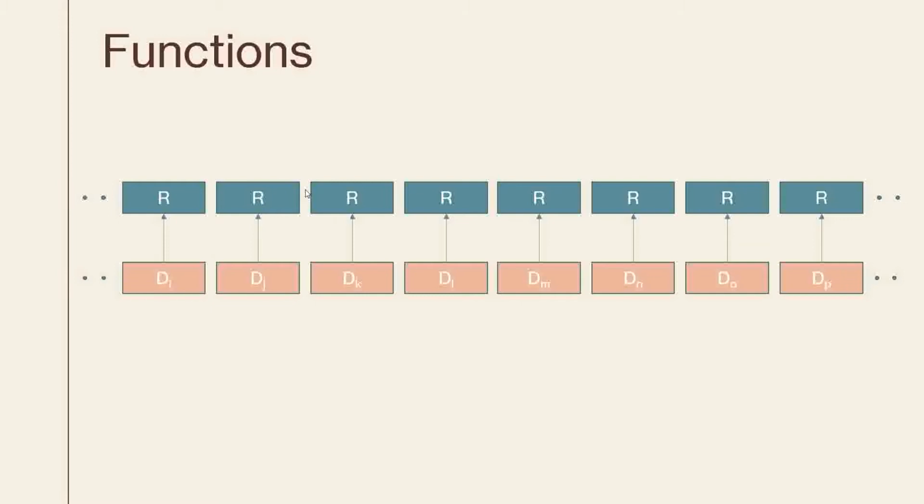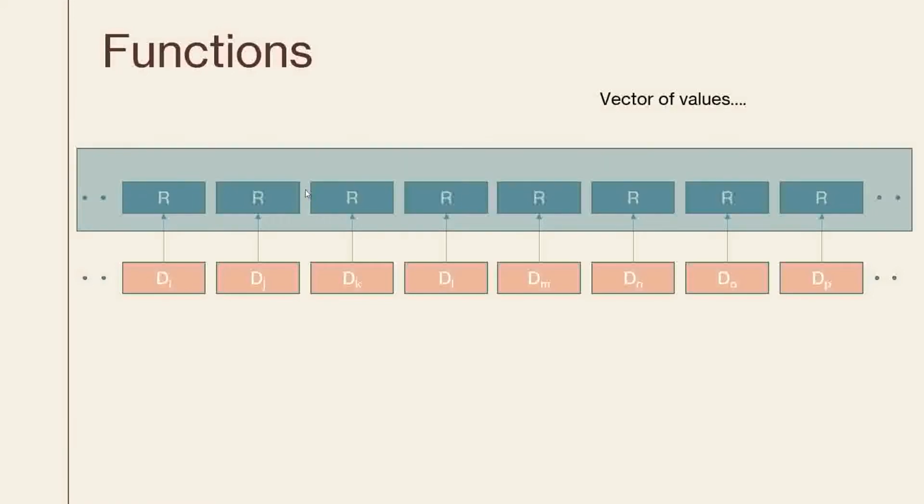Now, if I invert this view and look at this figure here, this is again a mapping from domain to range. Nothing much has changed except for the orientation, right? And in this view, you can see that the value of the function can be seen as a vector. This entire value can be seen as a vector.